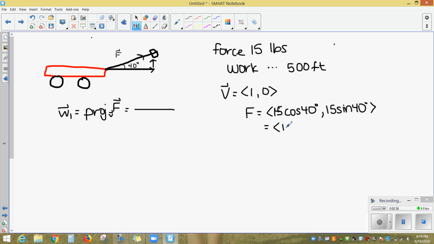If we hit those buttons on our calculator, the x component is just shy of 11.5, and the y component is 9.64. If I take the dot product of the v and the F, I get 1 times 11.49 plus 0, so I get 11.49 for that dot product.